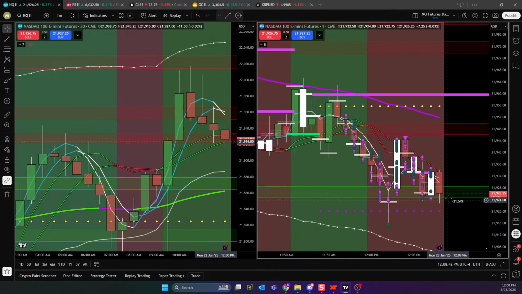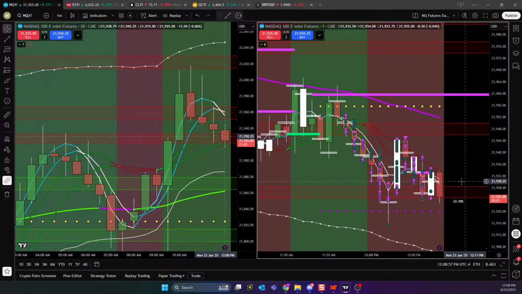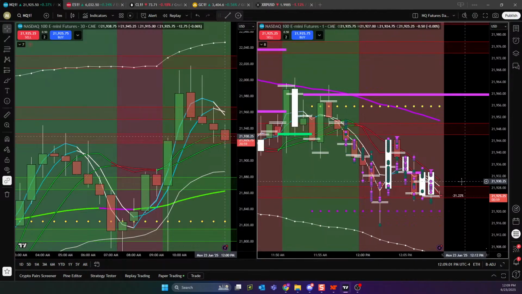The HVA rules say if we get an HVA line and the triggers roll, that'll be our buy. And Claire, we know exactly where the buy is going to come from if the rules are met, right there from 21,930 and a quarter. We just don't have the rest of the rules met yet. And the fast triggers are heading the wrong direction. And now there's a breakout bar down. They're fighting.